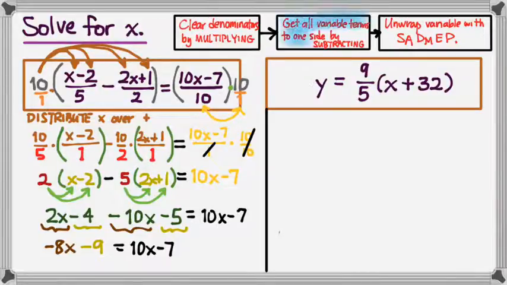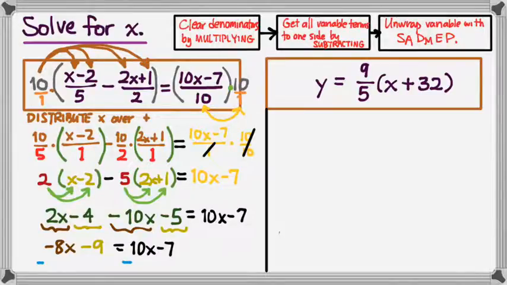And now I'm ready to tackle the next problem, which was to get all the variable terms to one side by subtracting. What should I subtract from both sides of this equation to get all my x's to be on one side? What did you subtract here? I saw your papers.